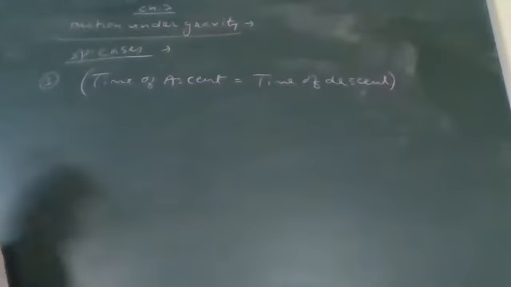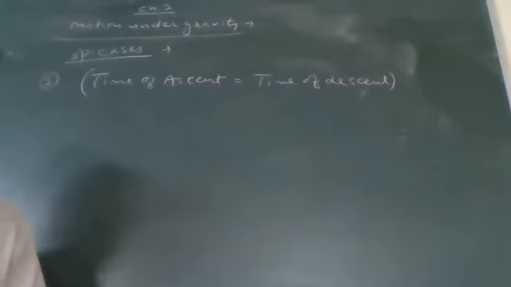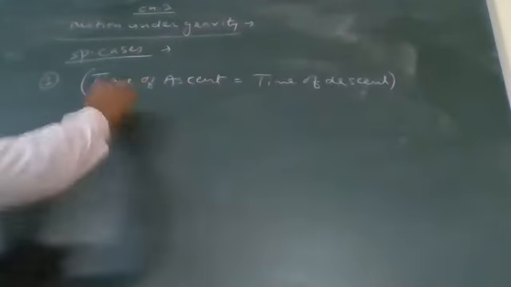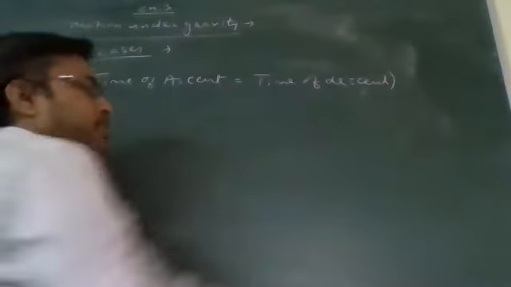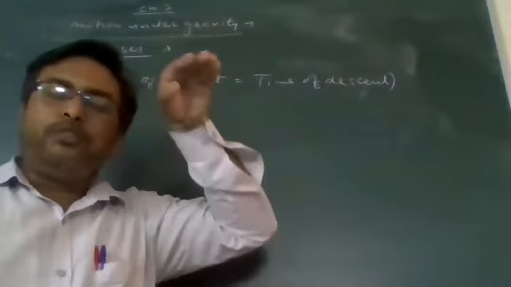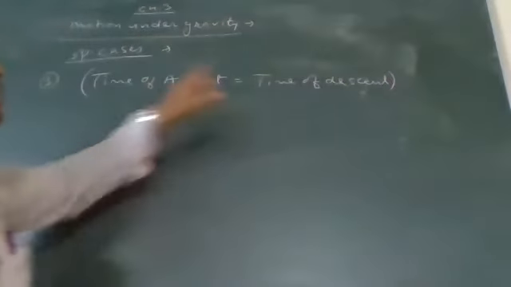The time taken by the body to go up is similar to the time taken by the body to fall to the same height. Then both times will be similar.